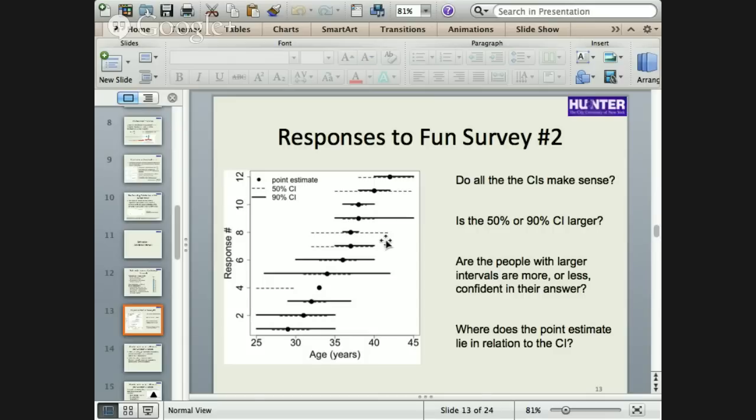If you don't know and I say you'd better be right in this interval, you're going to give a huge range. You're going to say maybe from like 1000 BC to 1999 if your life depends on it, right? Okay, so just remember that the more confident you want to be, the bigger the confidence interval has to be.